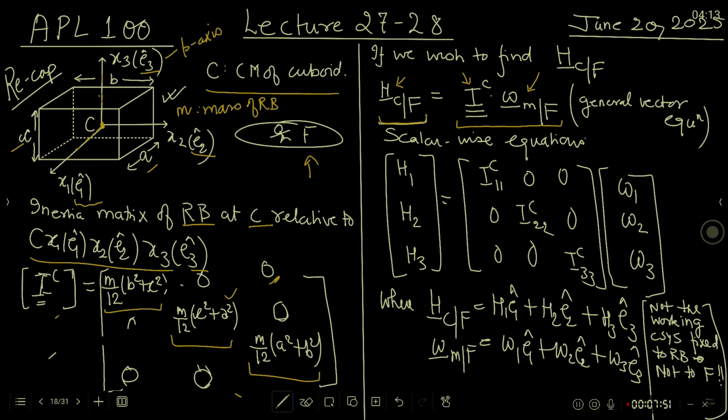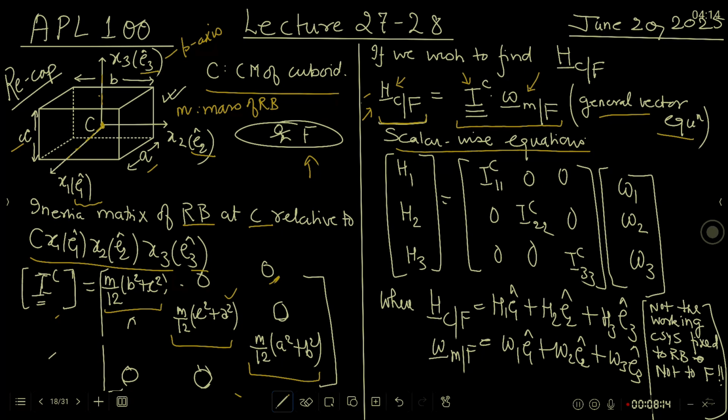Now the equation that I have here is the general vector equation. I can get three scalar equations from this. Those three scalar equations will be the equations for the three scalar components of this HCF vector.